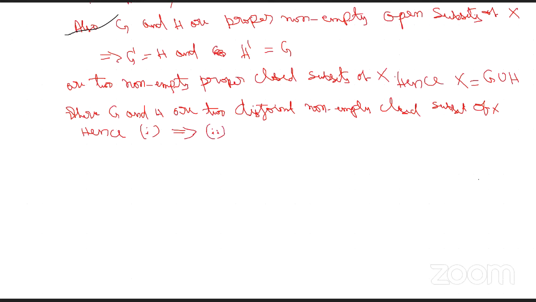So now we need to prove that 2 implies 3.